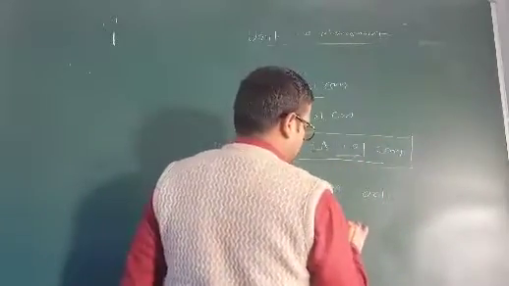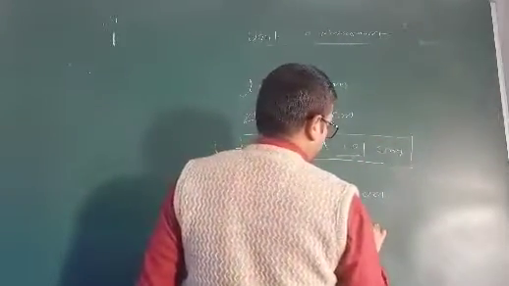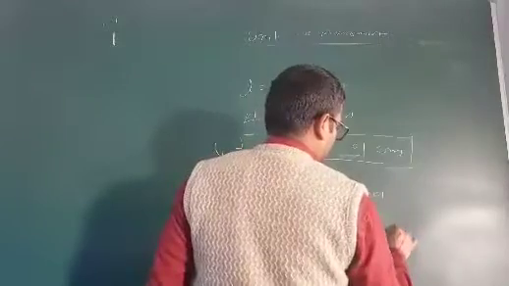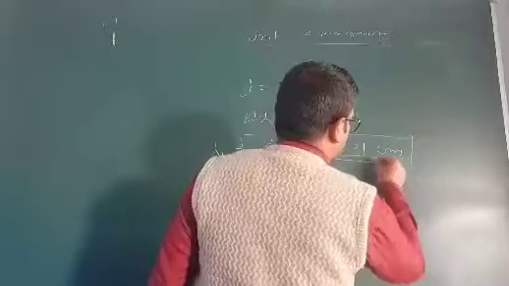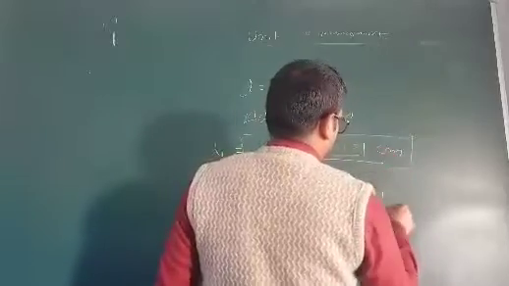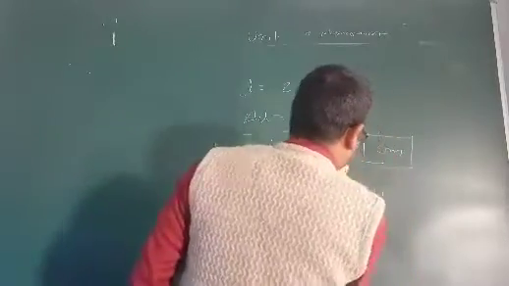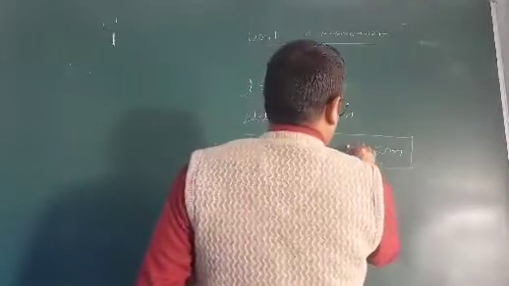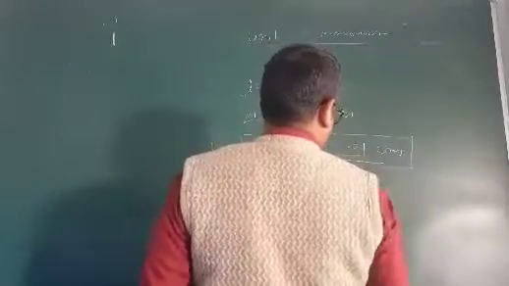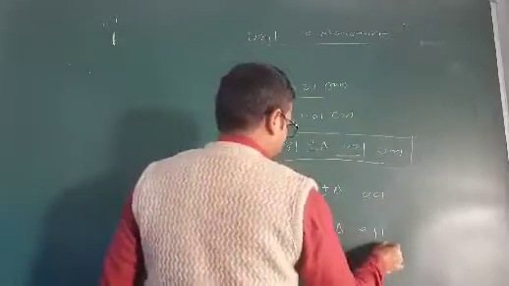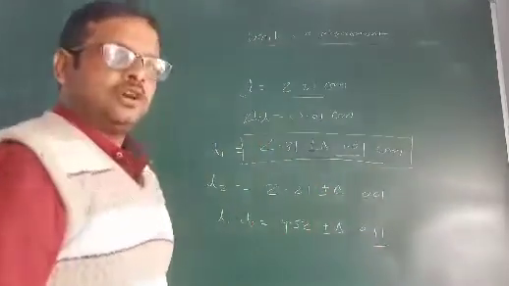So what is the value of the error? It will be 0.011. This is 0.01, this is 0.001. When we add, this is what it becomes. So error is always added.